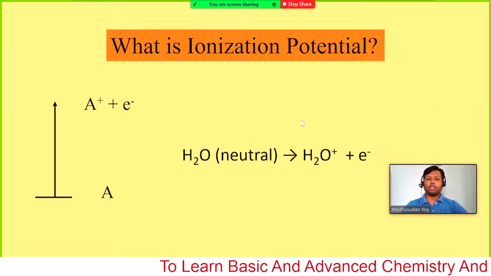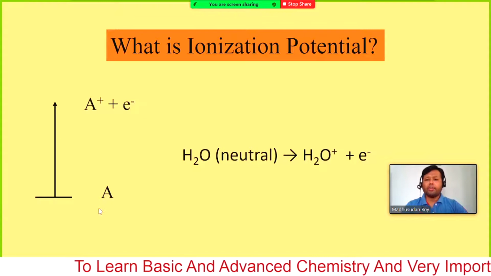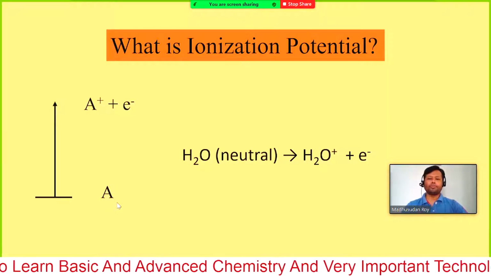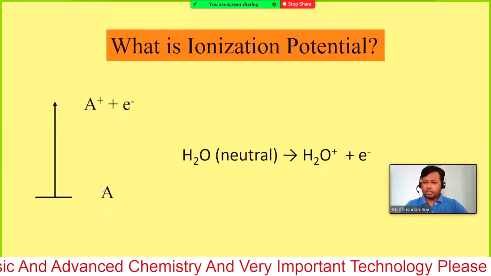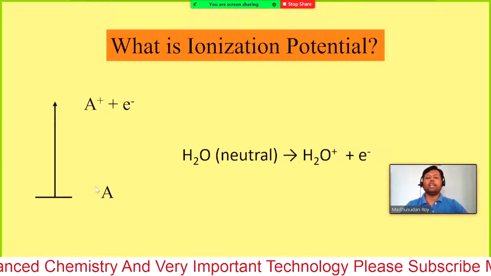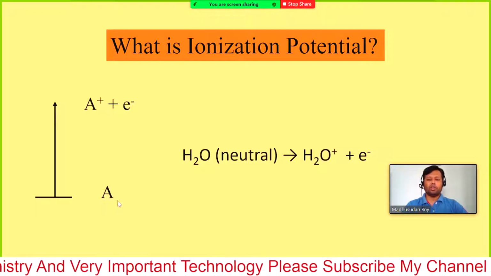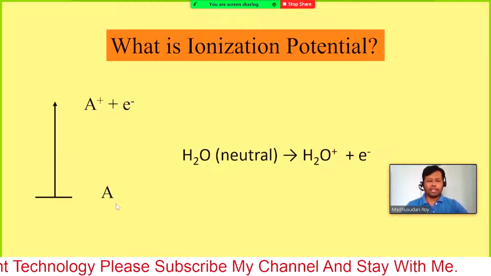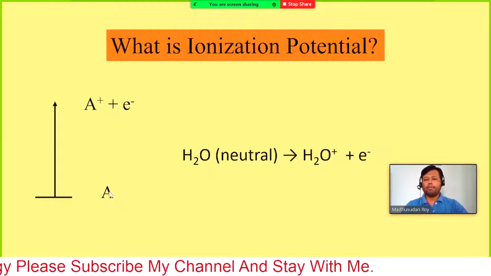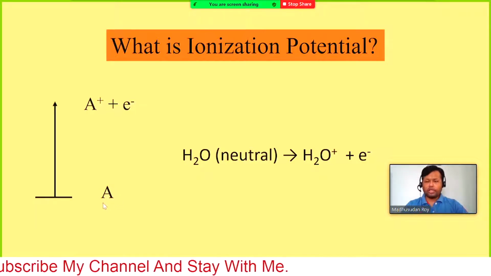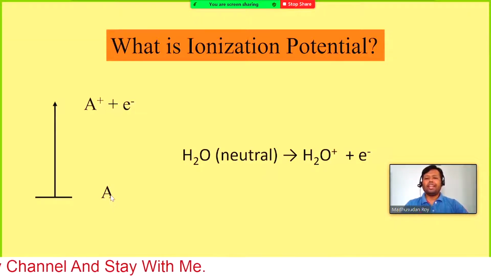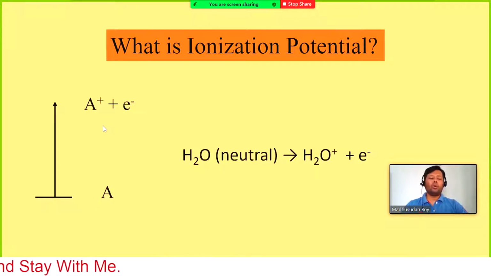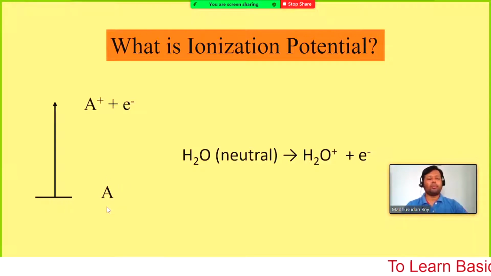Already I have mentioned that if you have an atom or a molecule in the neutral state, that means it has no charge, it is zero or neutral charge. If you provide some energy to the molecule or atom, it can remove one or more electrons, but our target is to remove only one electron from the atom or the molecule.